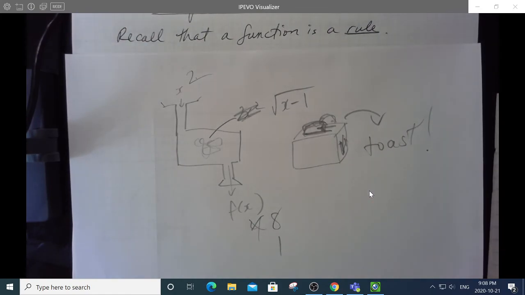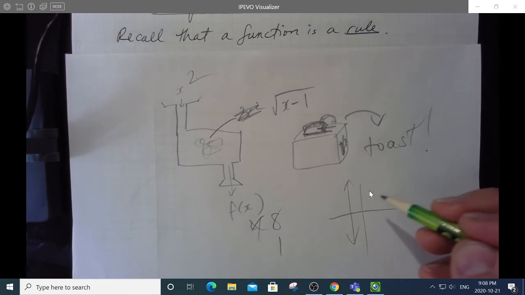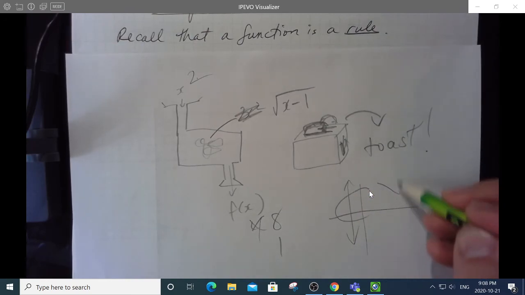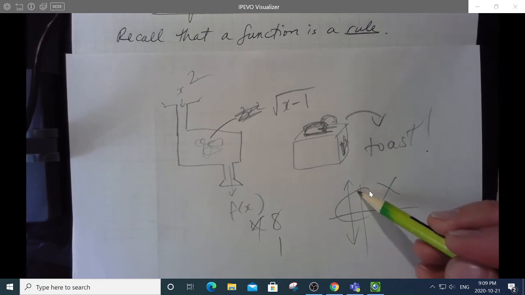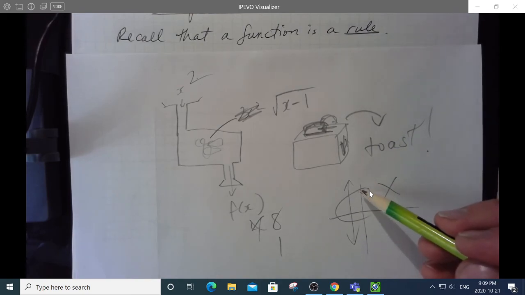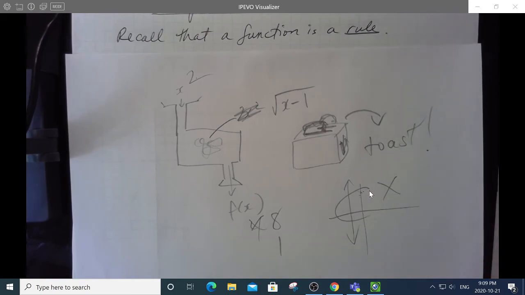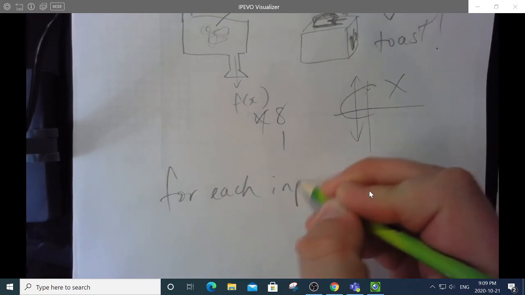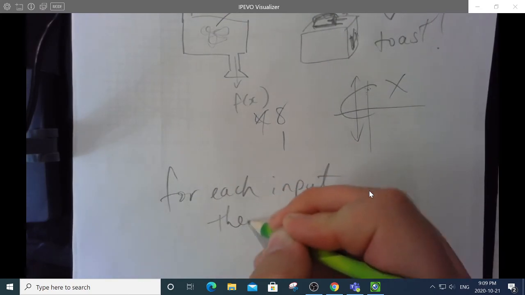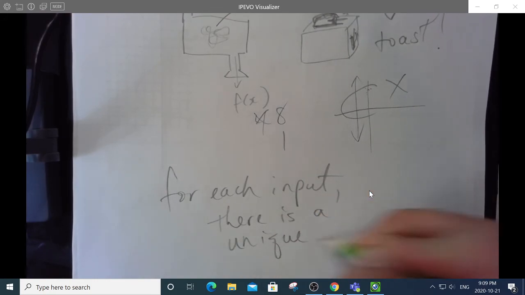Everybody remembers from grade 10 that on a graph, you test for a function with the vertical line test. If the vertical line hits it more than once, then it's not a function. People forget this is really just a visualization of a rule that's really important: for each input, there is a unique output.